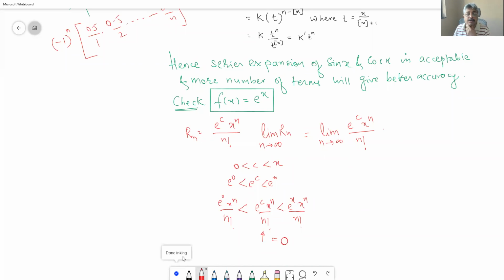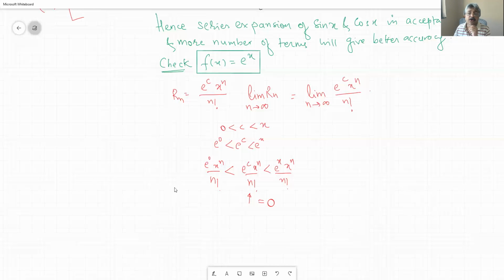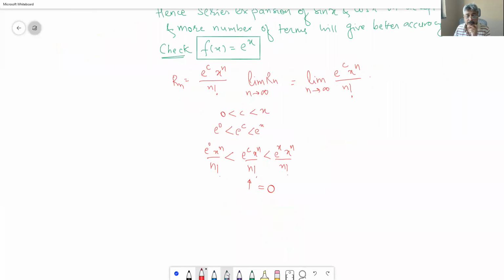Check. Next problem is check for log to the base e of 1 plus x. Okay, so this is not going to be that easy.